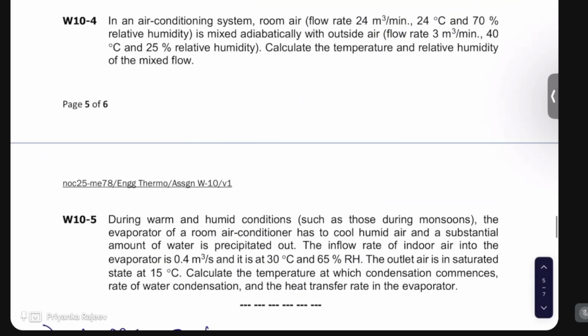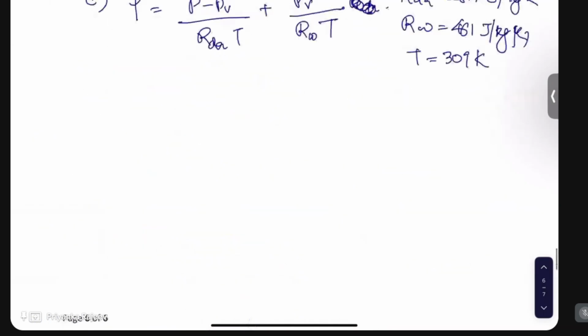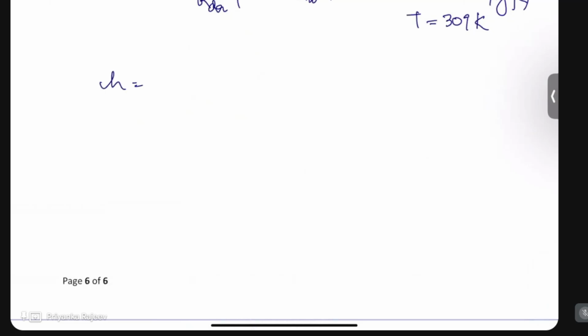And the next question was specific enthalpy. Specific enthalpy, also H equals, for individual species, H of dry air plus H of water vapor.